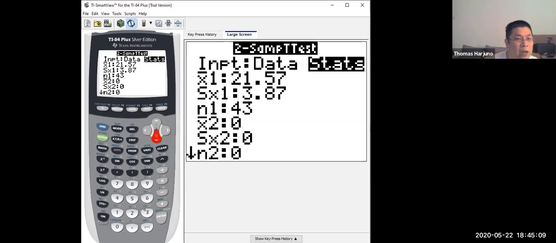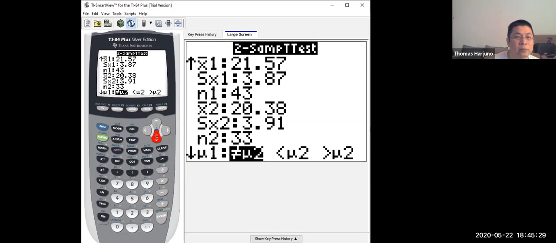The sample mean for the second group is 20.38. The sample standard deviation for the second group is 3.91. And the sample size for the second group is 33.